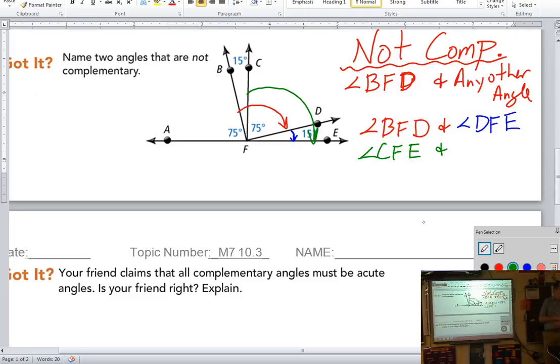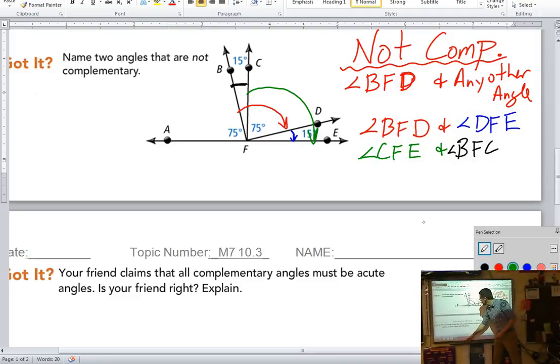So pick another angle. What if you want to pick this little angle right here to pair up with it? How would we name that? BFC. So CFE and BFC again would make 105 when added together, not 90, not complementary.